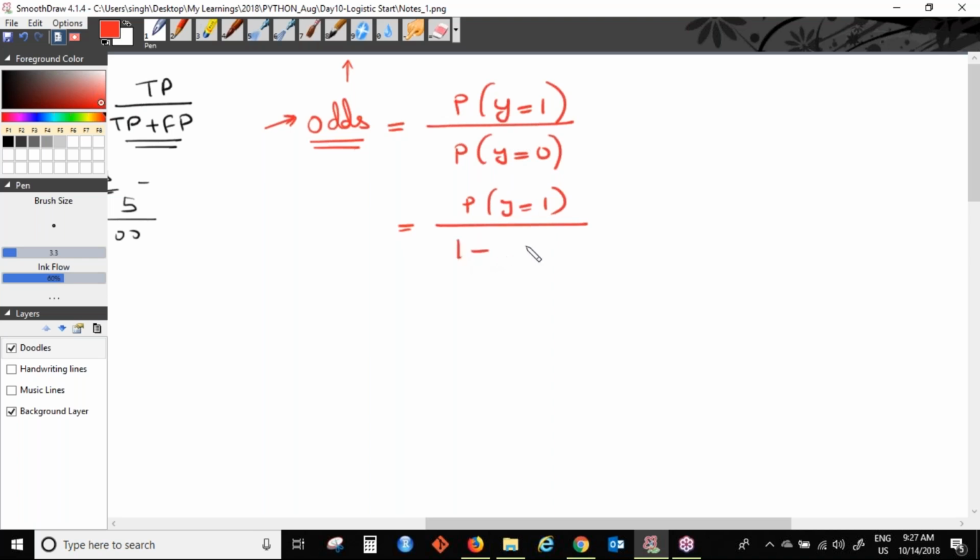I can write the denominator as 1 minus probability of y is equal to 1, and then plug in the logistic response function here and here. Remember the logistic response function is this, where theta is equal to the linear regression line.